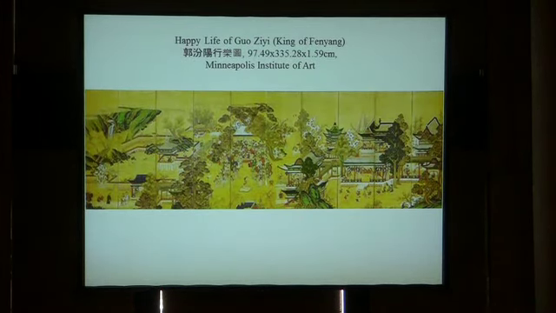bird and flower. And this is interesting, Happy Life of Gozi. Gozi is a Chinese general who was envied by the Tang Dynasty king, and he was the general who subsided the An Lushan's revolution in the mid-8th century.